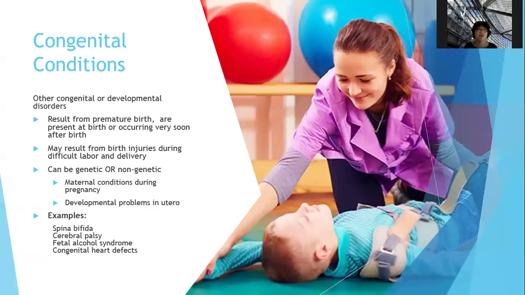It can be caused by maternal conditions during pregnancy, like spina bifida is a good example of that. It can be caused by developmental problems in utero, like the mother is exposed to different environmental toxins or pathogens.